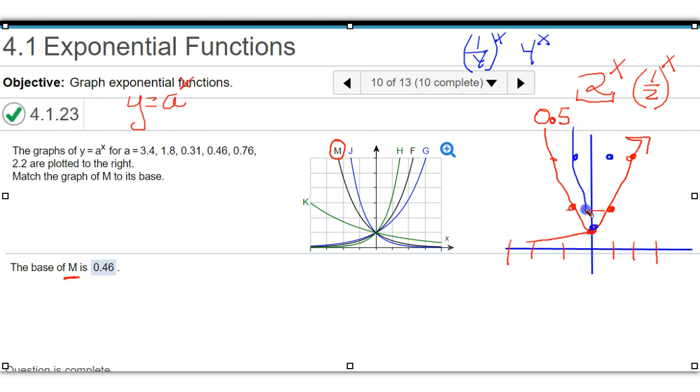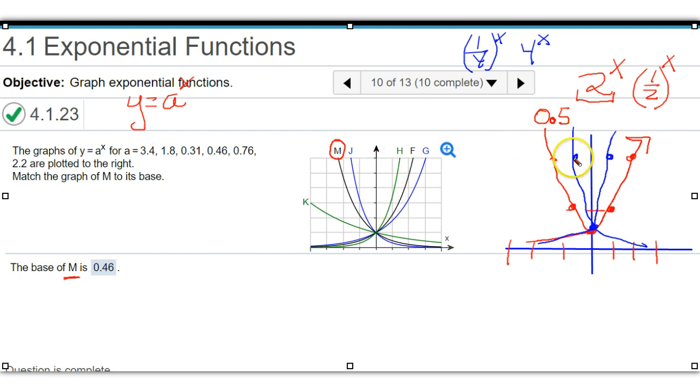So we'd have this line, and of course this line here. So the point being, if the base was 2, then base 4 would be in closer.